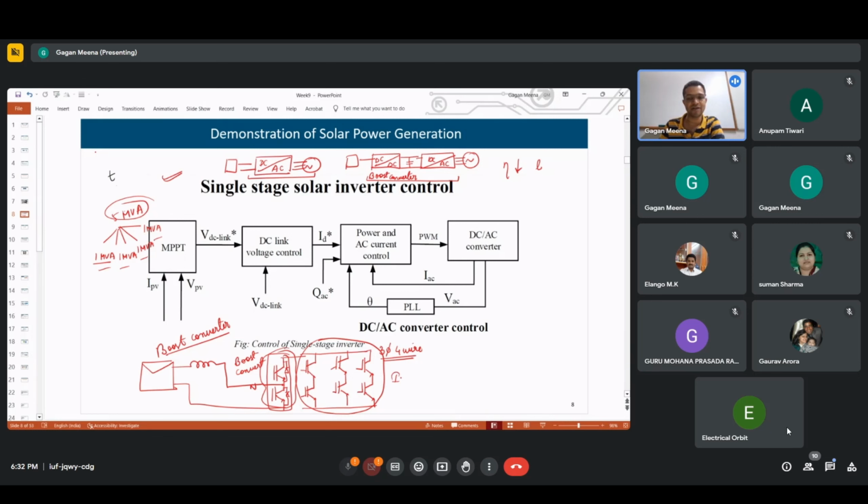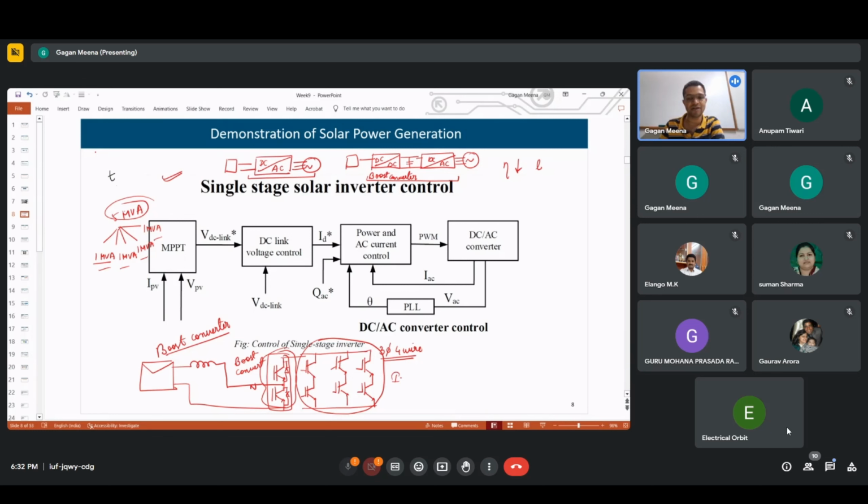If the AC side is 415 volts RMS, then the peak value is 586 volts. So in the example, 700 volts has been considered as the rating of the DC link capacitor.